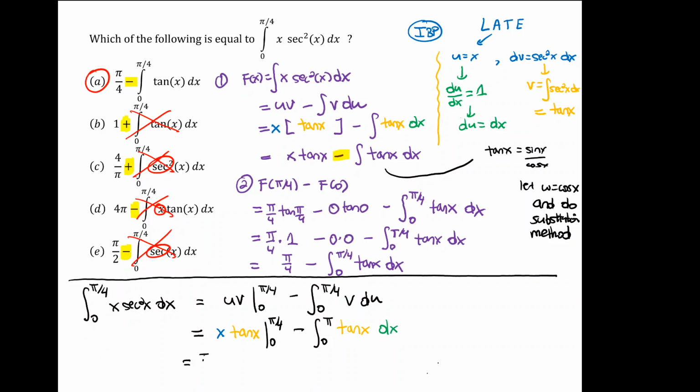We have pi over 4 times tan pi over 4 minus 0 tan 0 minus integral from 0 to pi over 4 tan of x dx. Now we get what we got previously, pi over 4 minus integral from 0 to pi over 4 of tan of x.